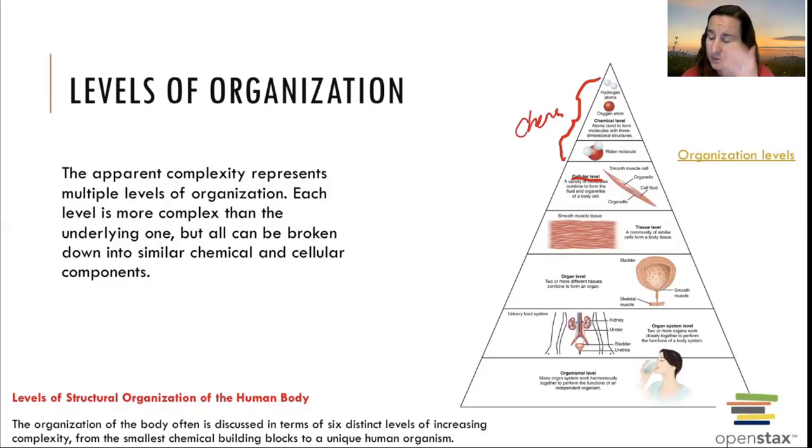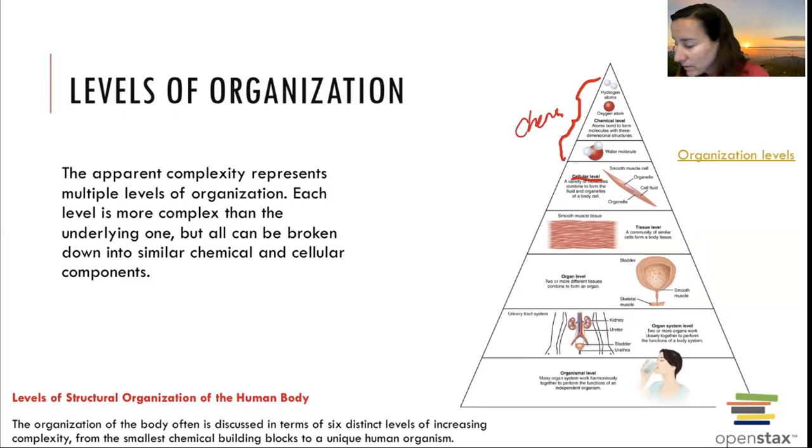Within the cardiovascular system, one of the parts is blood. Blood is a type of tissue. It's called a liquid connective tissue, and blood has red blood cells, white blood cells, and chunks of whole cells called platelets. All of these are different cell types, right? But they make up this tissue, and the tissue is a collection of different types of cells.